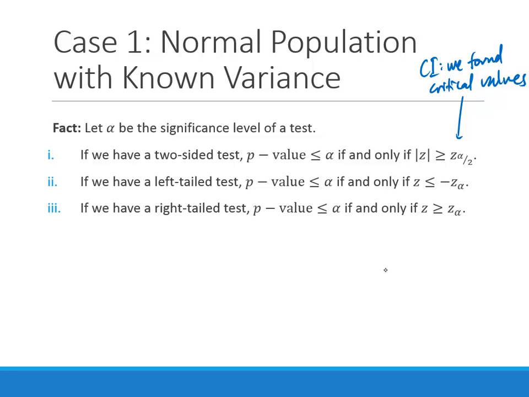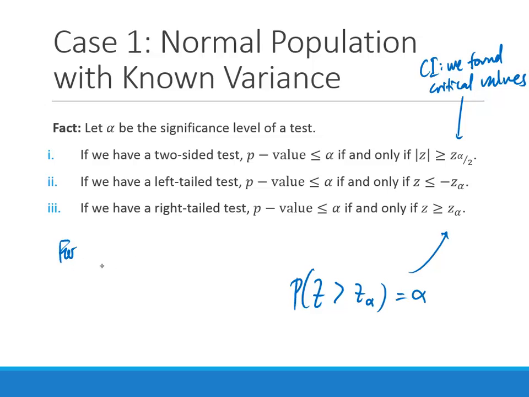These values are such that the probability that a standard normal random variable is bigger than z sub alpha equals alpha. So it's that value such that the probability of being larger than that is alpha. You can think about it: the p-value is less than alpha if and only if your test statistic is larger than the critical value, so larger than whatever z sub alpha over 2, and similar.